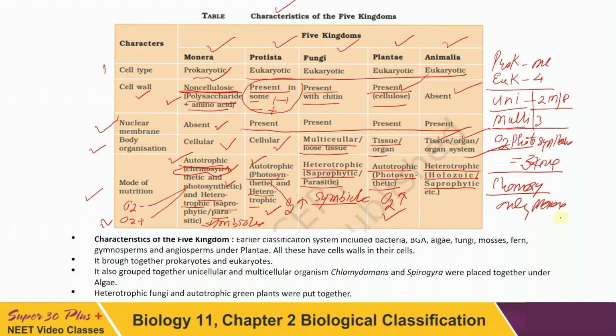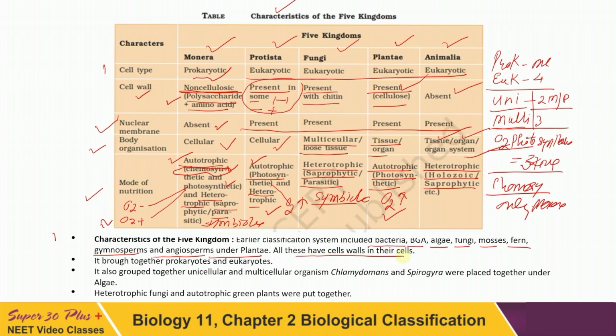Come to the characteristics of the 5 kingdom classification. As I told you earlier also, in the 2 kingdom classification, kingdom Plantae included bacteria, blue-green algae, fungi, mosses, ferns, gymnosperms, angiosperms, all those organisms which had a cell wall, because all these were having a cell wall.